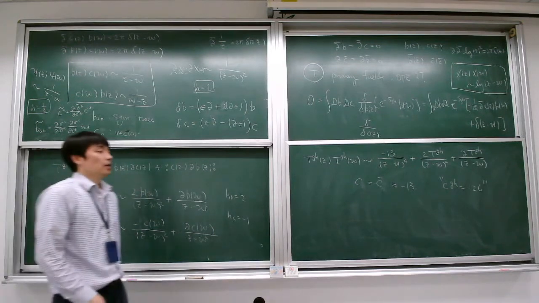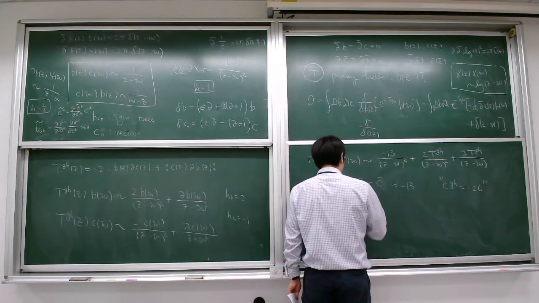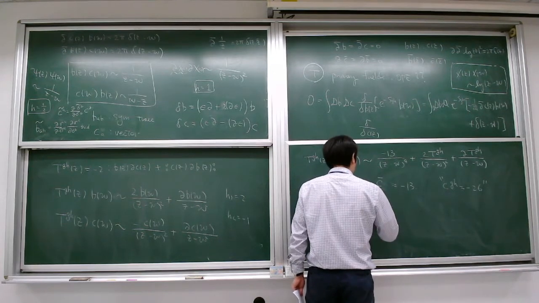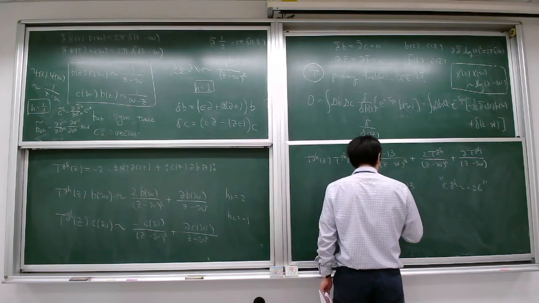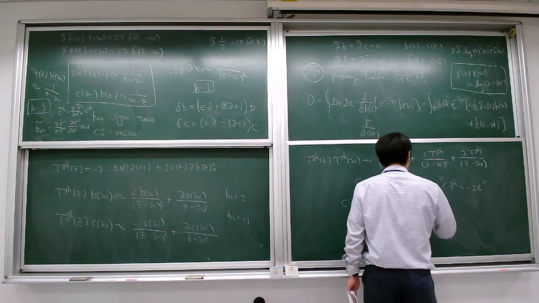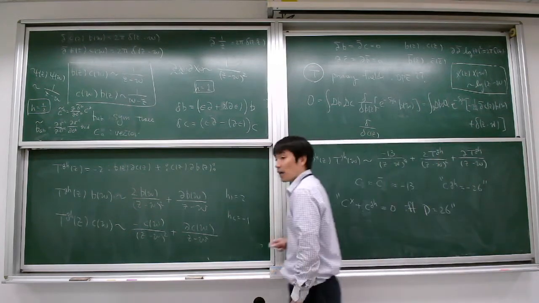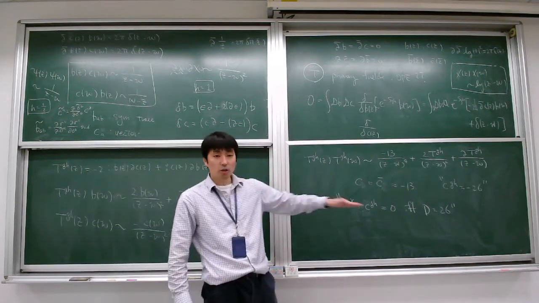So in order for the total central charge to vanish, if and only if, again you get the same target dimension, D equal 26.